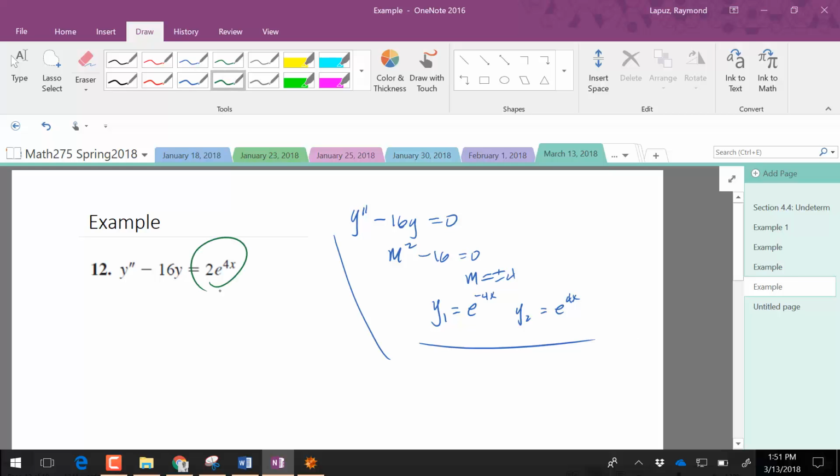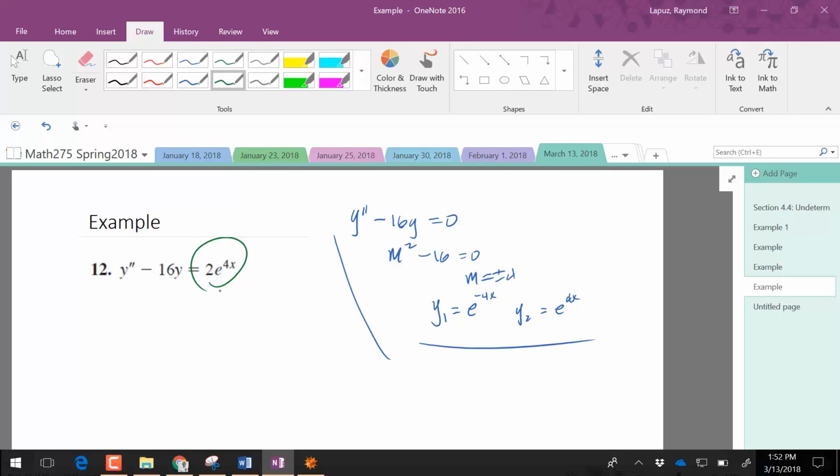Now, when we look at the particular solution and the form for the particular solution, we notice, by the way, all the superposition principle relies on your fundamental functions and your particular solutions being linearly independent from each other. Otherwise, they repeat, and if they repeat, then you're saying the same thing, and the whole idea of the fundamental solutions being linearly independent from other functions is going to get messed up.